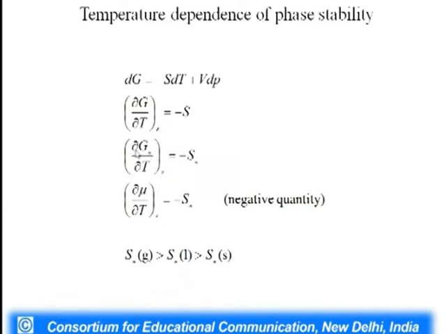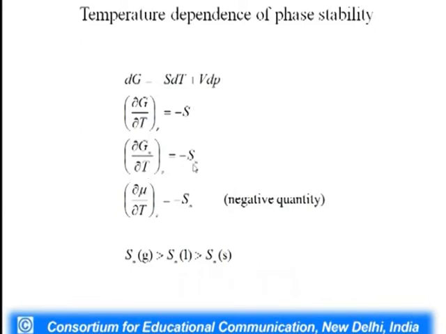So, we can also know how the chemical potential of a one component system changes with temperature, and the equation is simply del G_m by del T at constant pressure is equal to minus S_m. This G_m is nothing but mu. So, the differential of chemical potential with respect to T is equal to minus S_m.